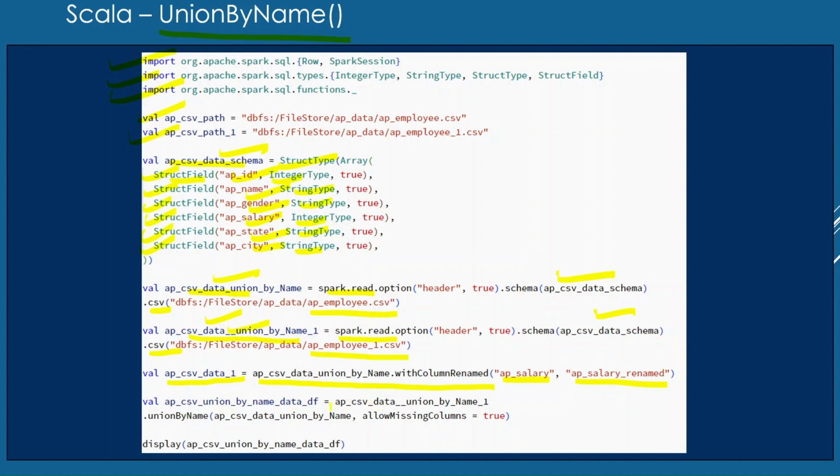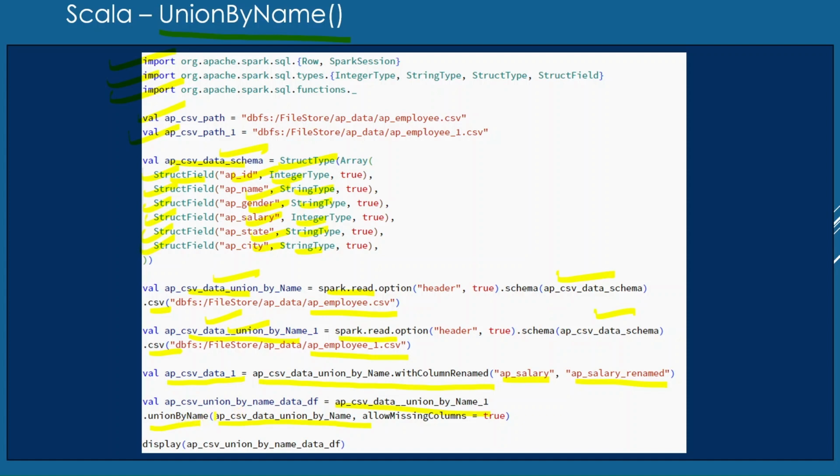Once both data frames are created and we have changed one column name in one of the data frames, I am calling the unionByName function on top of a data frame and passing the other data frame as the argument value.